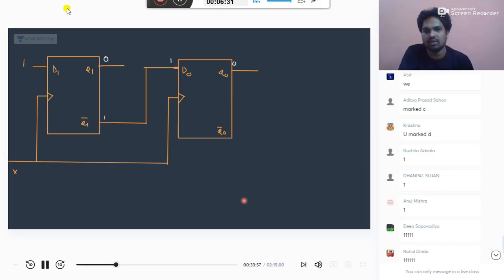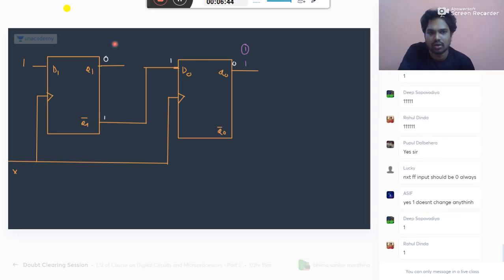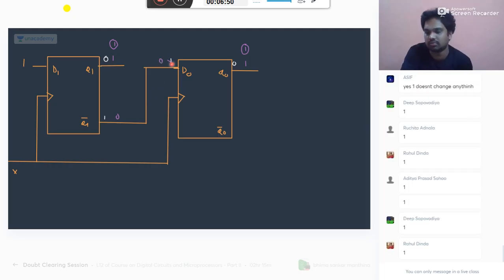Initially this is the condition. Now what happens when you apply the first clock pulse? What is the output you will get? For this, what is the input? I told you to analyze from the rightmost flip flop. What is the input? 1. What is the input here? 1. So this will be replaced by 0.